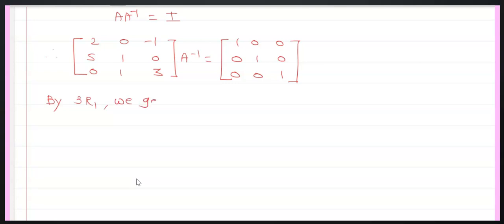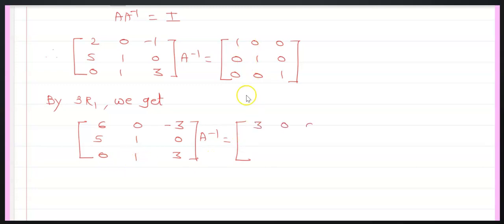That is 3 times R1, we get 6, 0, minus 3, 5, 0, 1. The second and third rows remain unchanged. In this way here is also 3, 0, 0, 0, 1, 0, 0, 0, 1.